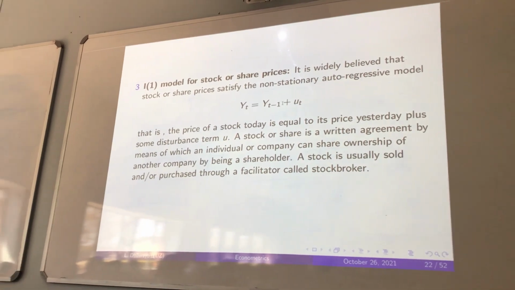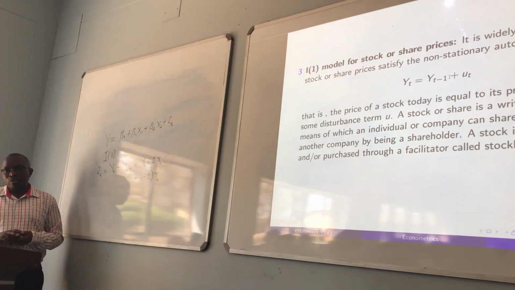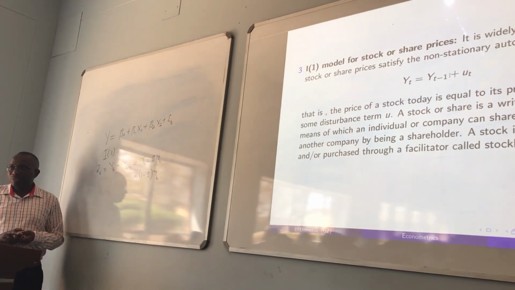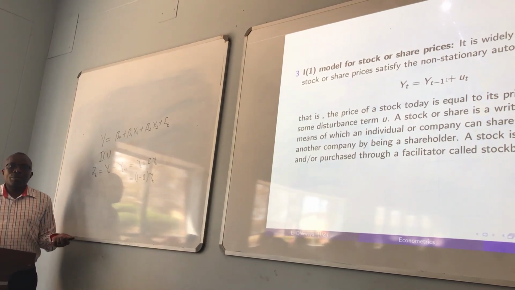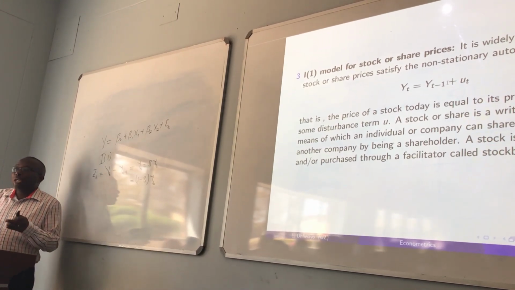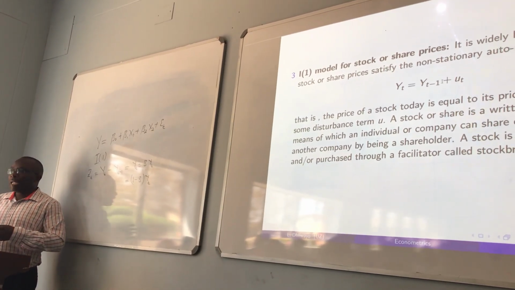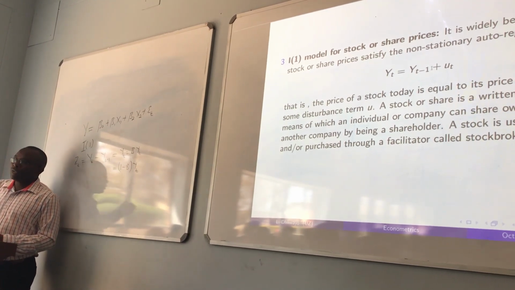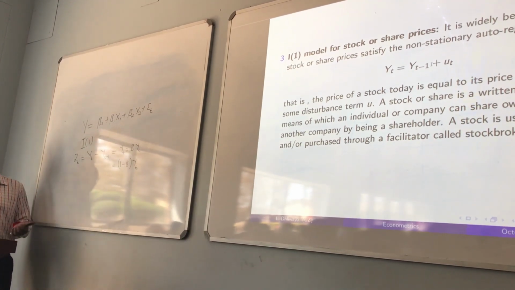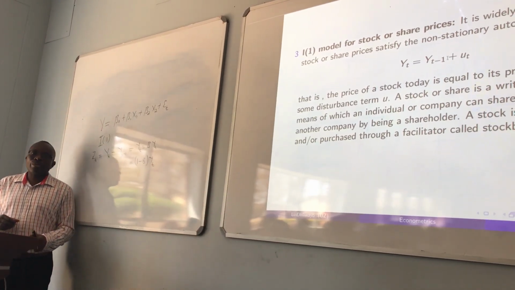Or if it is a data set of share prices, they just say it's an I1 model. Is it true? It can be true, it cannot be true, depending. But here we will try to analyze it and see the best model. That's why we perform time series analysis and come up with the best model to model the stocks and share prices, and perform diagnostic checking and come up with the appropriate model or a good model.